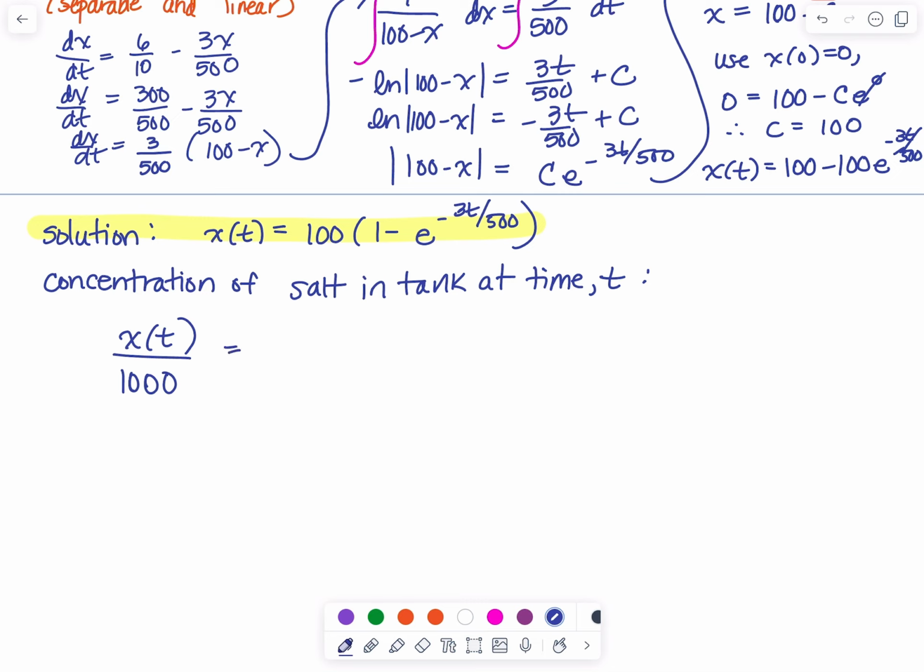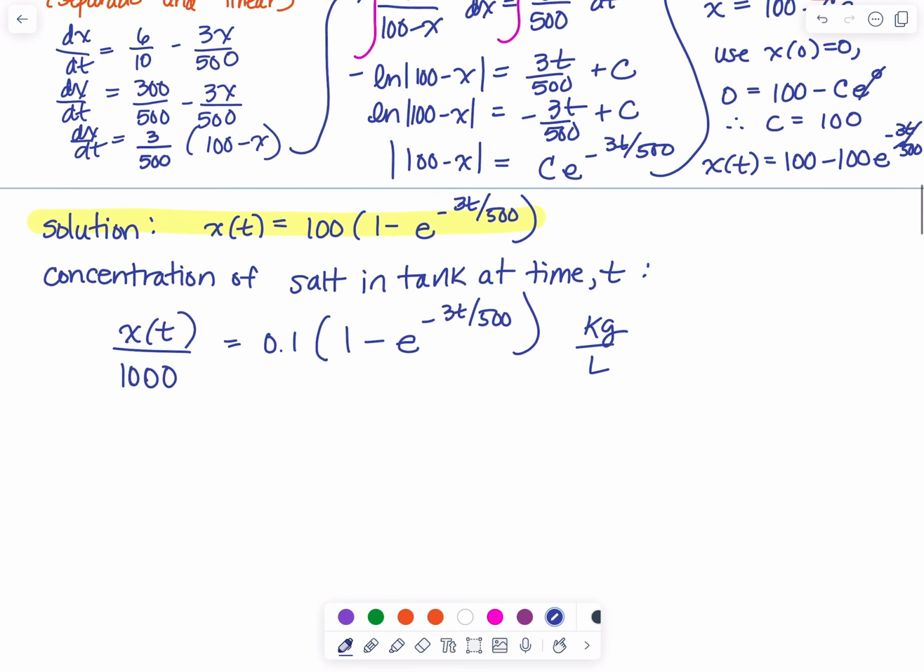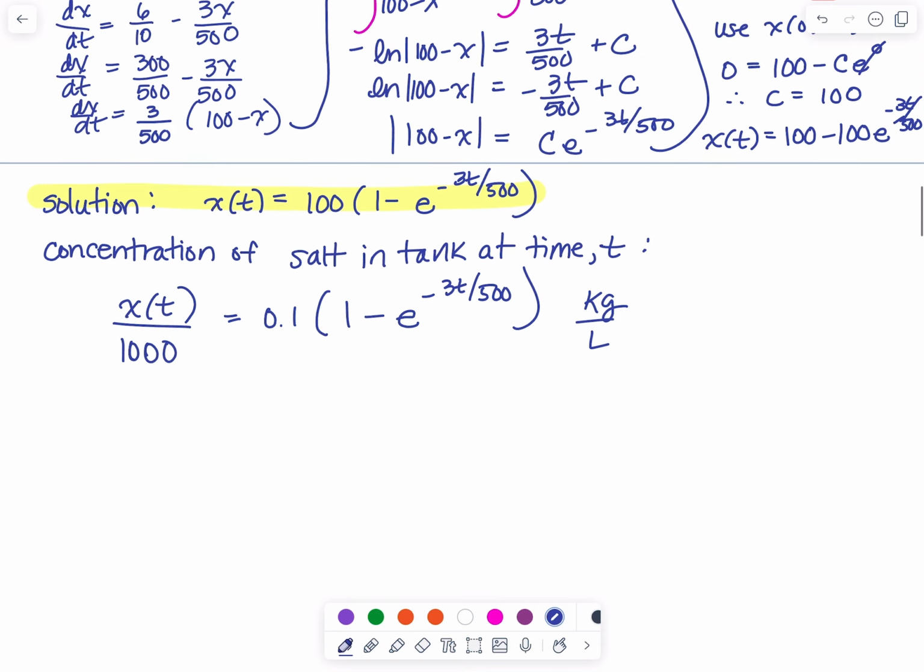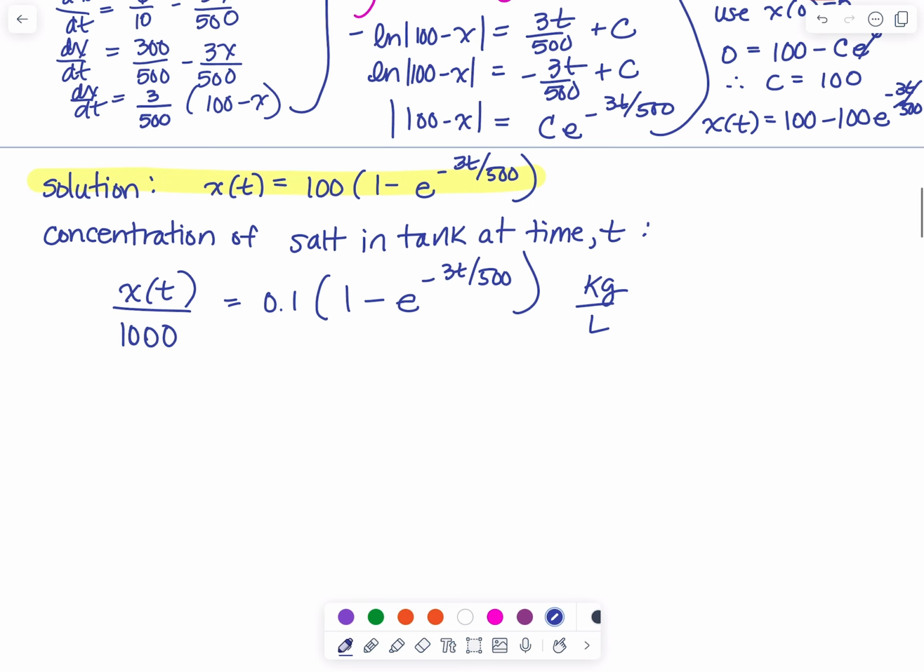So dividing that right-hand side by 1,000, we will have 0.1 times 1 minus e to the negative 3t over 500, and these will be kilograms per liter. Now, to determine when the concentration of the salt is 0.05, we will just go ahead and set that right-hand side equal to 0.05 and solve for t.